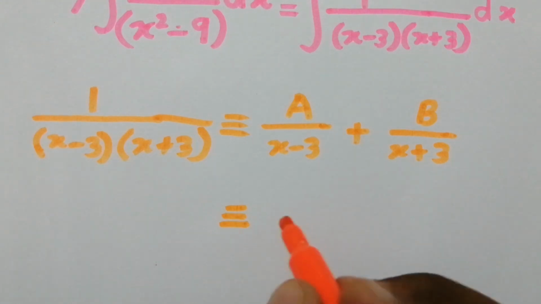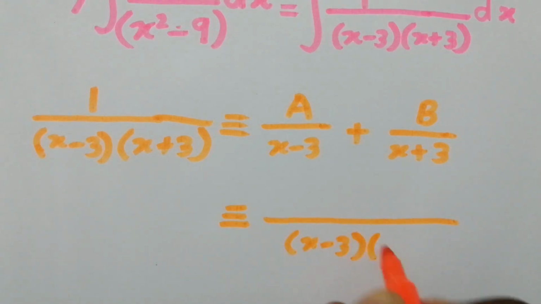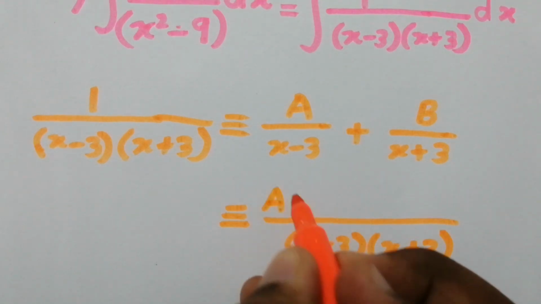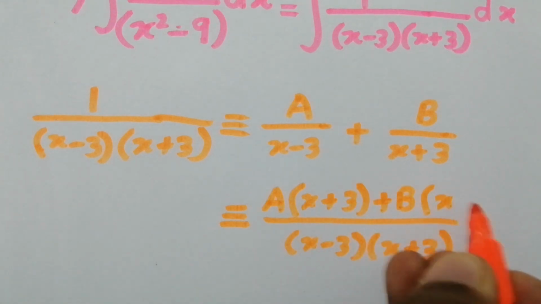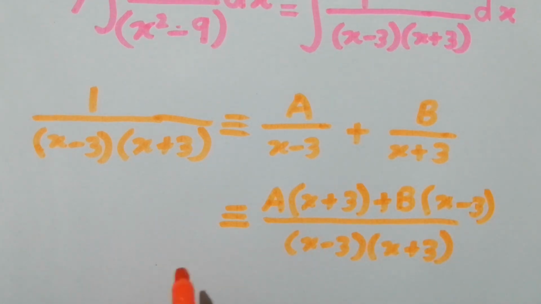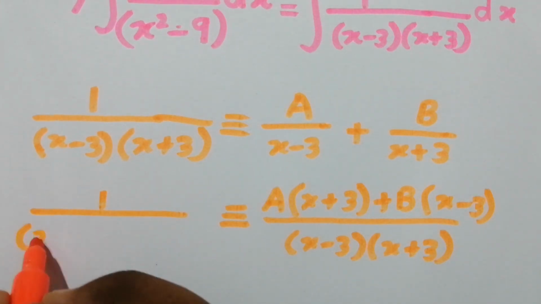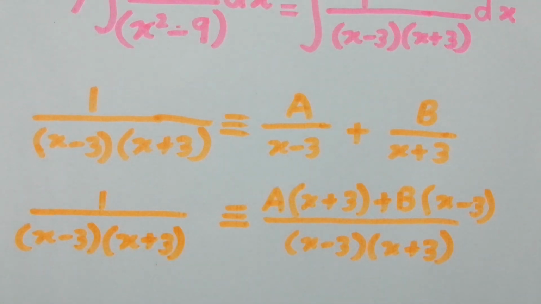Then, by taking the common denominator, x minus 3 times x plus 3, at the numerator I have a times x plus 3 plus b times x minus 3 equals 1 upon x minus 3 times x plus 3.